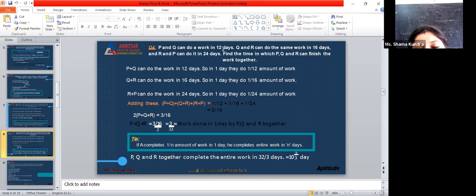Simply that would be 32 by 3 days. So the amount of time taken by P, Q, and R to finish the work together is 32 by 3 days. I will explain this on the board also.